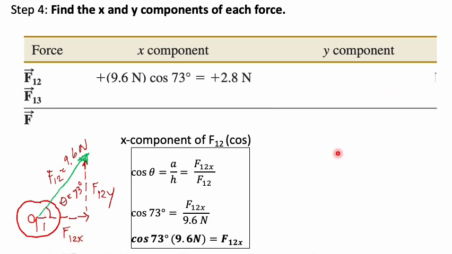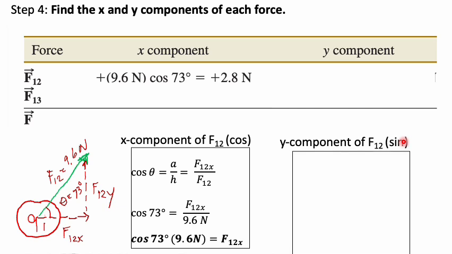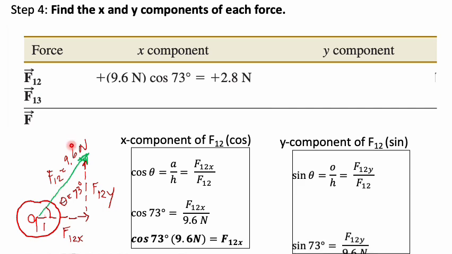Now, how about the Y component? To get the value of this Y component, we can use the sine function. Again, sine theta is equal to the opposite over the hypotenuse. The side opposite this angle is the Y component, so F12y over the hypotenuse, which is F12. Substitute the values.